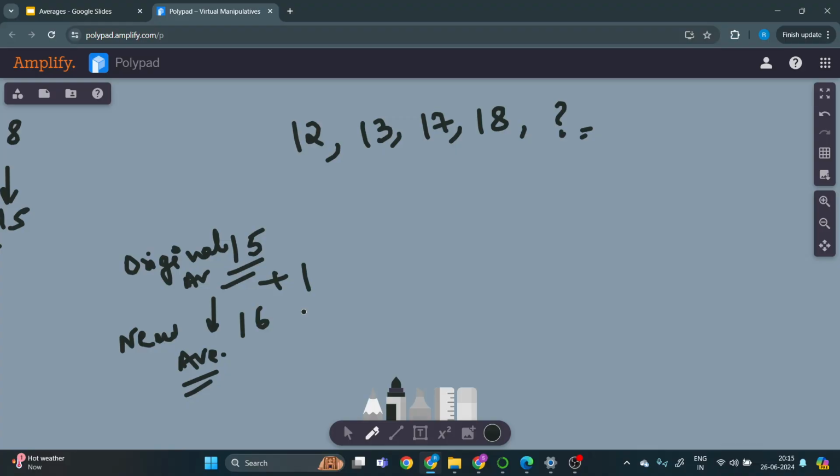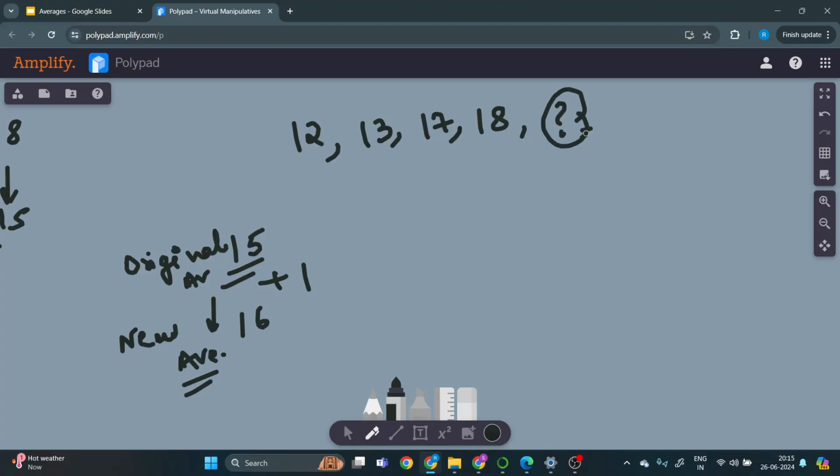So just imagine the average is being increased by 1. When will the average increase by 1? Tell me that. The average will increase by 1 only and only when all the numbers are being increased by 1.